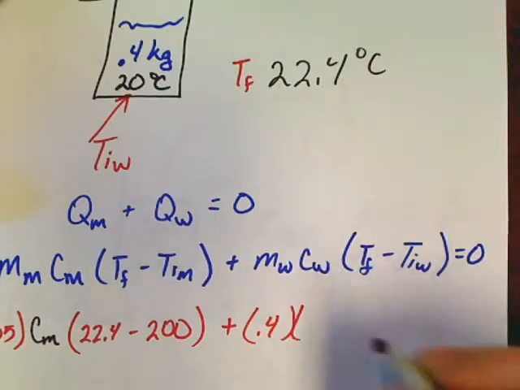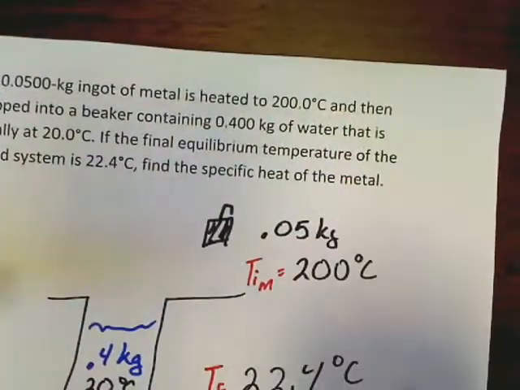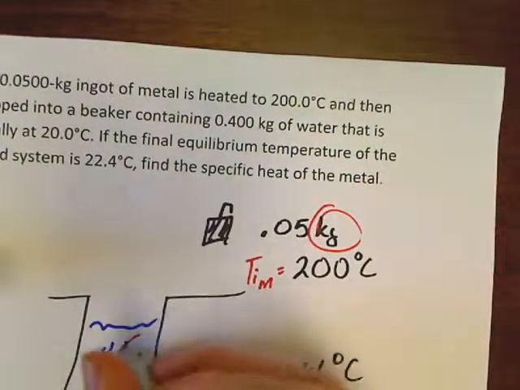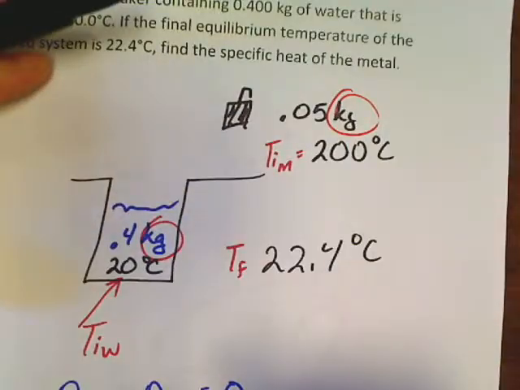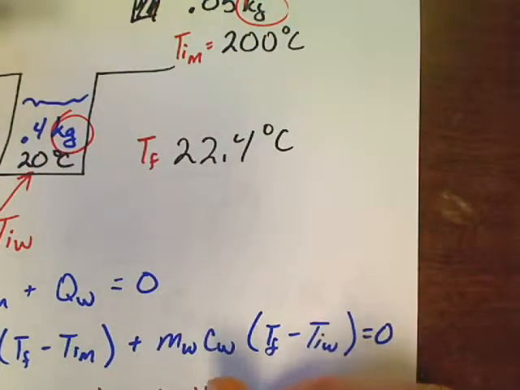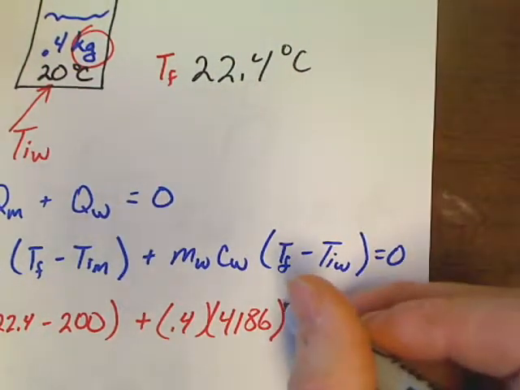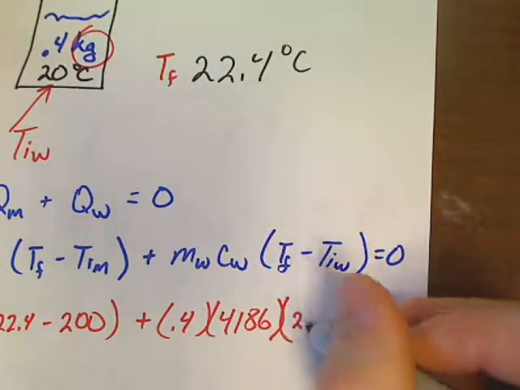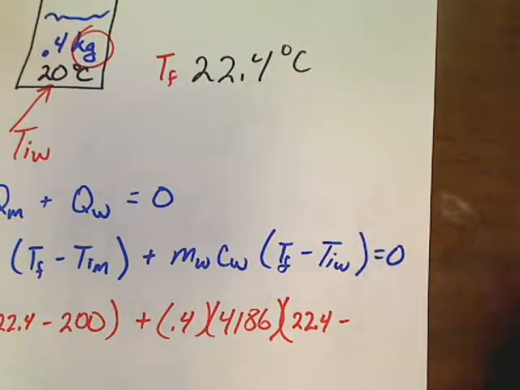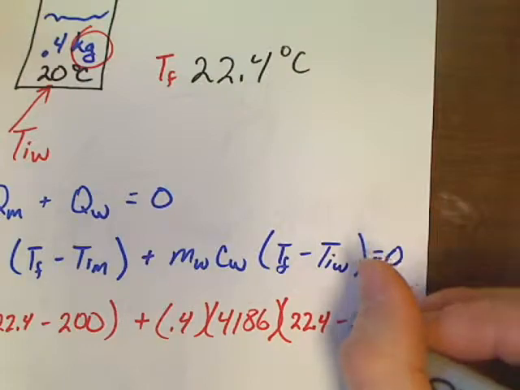Now, notice something. I'm in kilograms. So what am I going to use for my specific heat? Well, I'm going to use 4,186 because that is C for water in kilograms. And then I've got temperature final, which is 22.4 minus temperature initial of the water, which it said was 20.